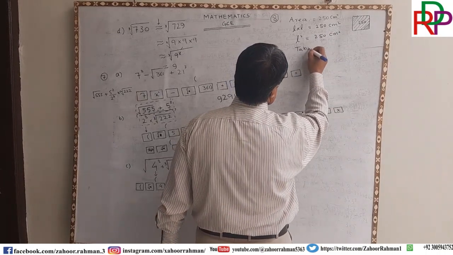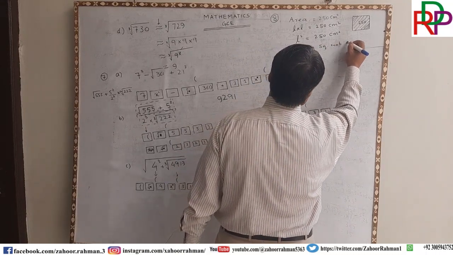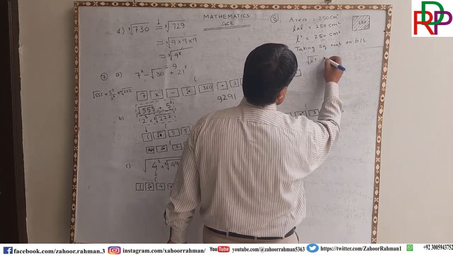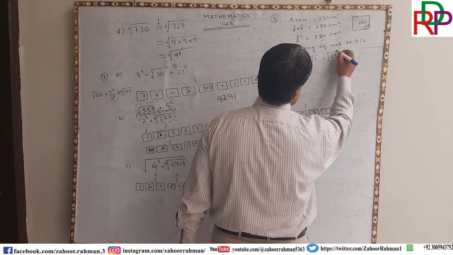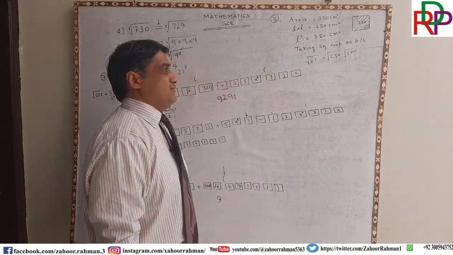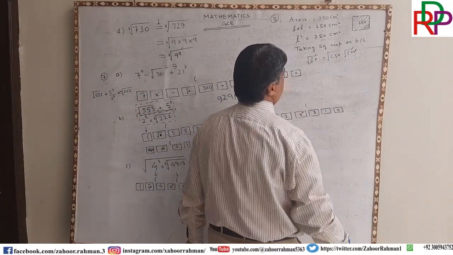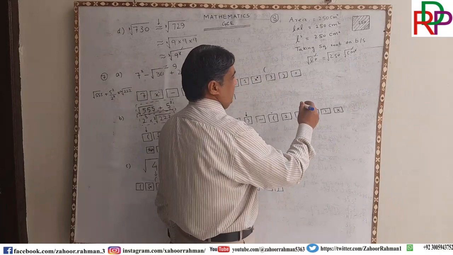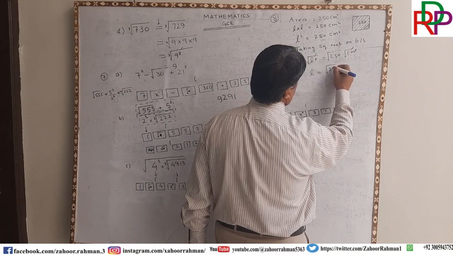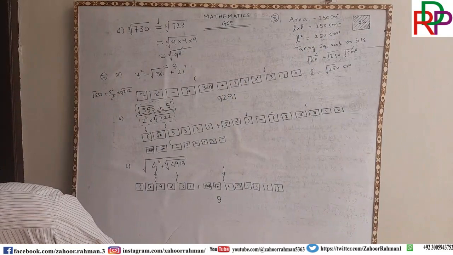Taking square root on both sides, we are having L square is equal to 250 and centimeter square as well. So this will be cancelled with this and this will be cancelled with this. So we will only be having under the root 250 centimeter, because length is represented in centimeter.